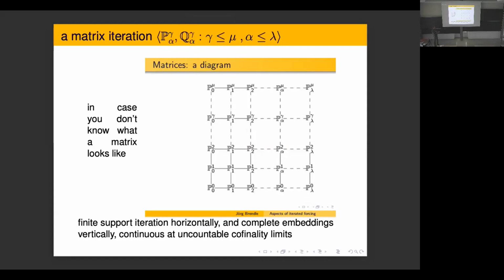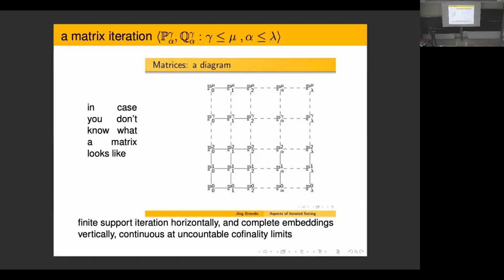I stole this from Jorg's presentation at the Winter School years ago, just copied and pasted. You have this matrix array of posets. And what you're really doing is just forcing with this top right poset, but the matrix array allows you to factor the poset in a million different ways so that you can prove preservation results.